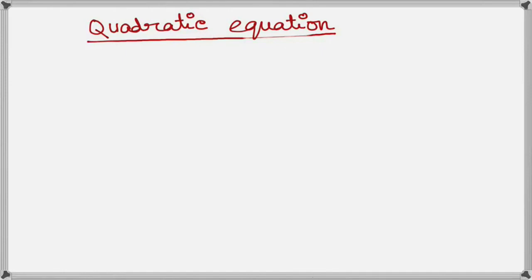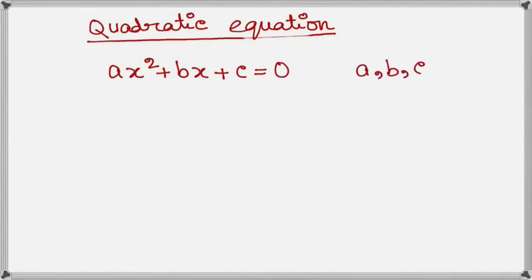So let us first write a general form of a quadratic equation: ax² + bx + c = 0, where a, b and c are complex numbers with a being non-zero. Because note that if a is equal to 0, then the polynomial equation will no more be of degree 2. So we must have a to be non-zero.